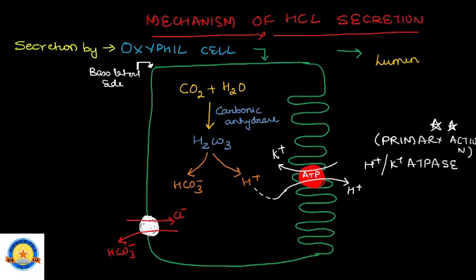It removes one bicarbonate and pumps in one chloride. So there is an exchange of two anions. This pump is called the anion exchanger: one chloride inside, one HCO3 outside. From where does the HCO3 negative come? From here.